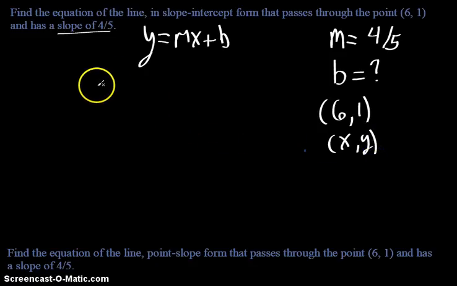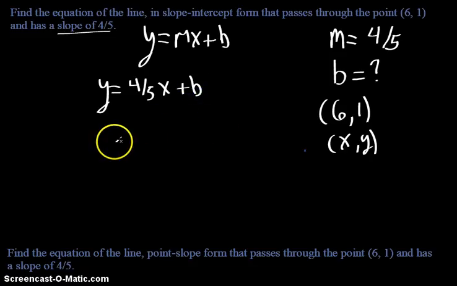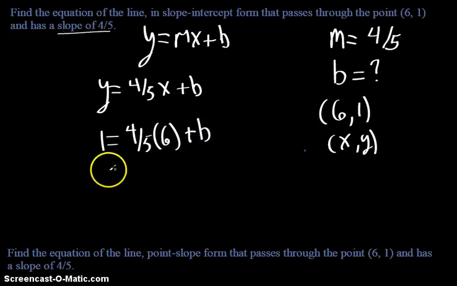So I'm going to go back here again and rewrite what I have. Y equals my m is 4/5 x plus b. And now I'm going to fill in the rest of my given information. My y value is 1, so y is 1, equals 4/5, and my x value in here is 6 plus b.